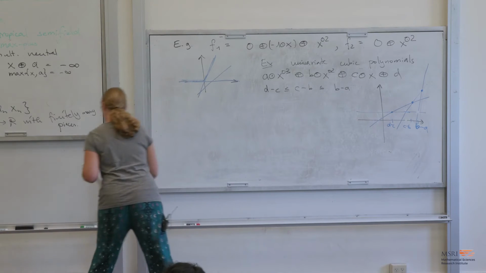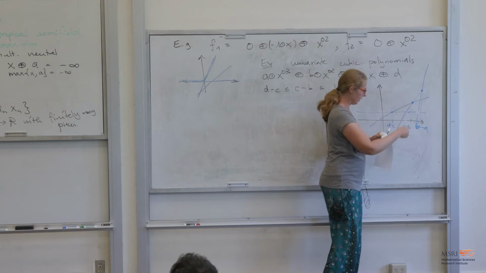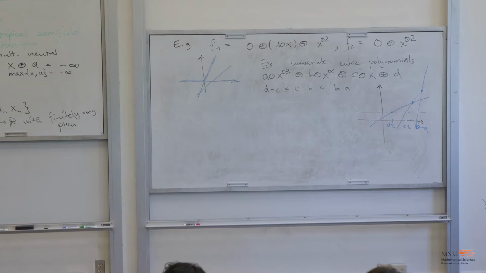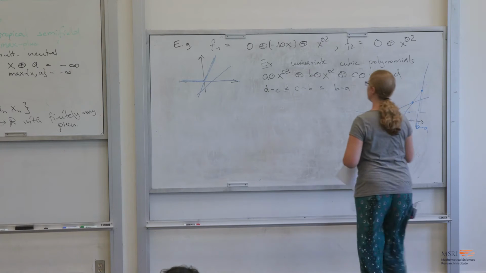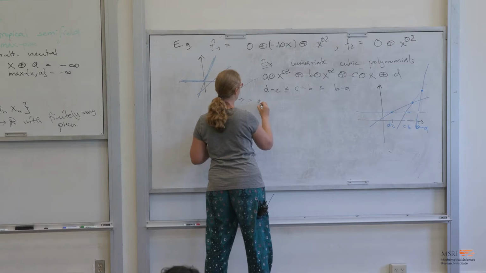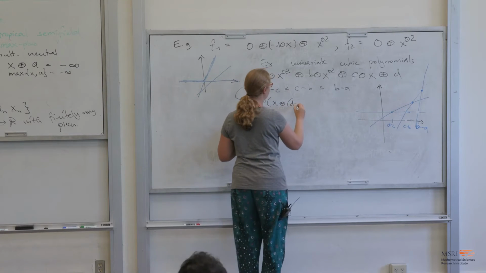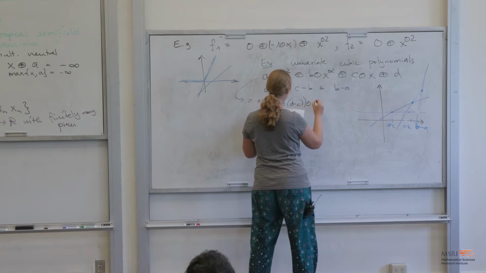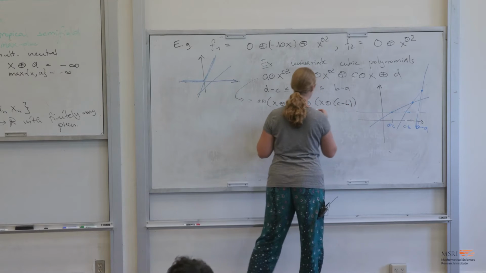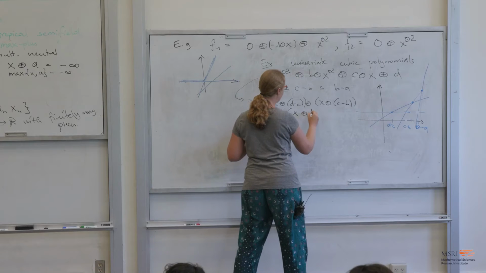Okay, so these corner loci, where the pieces come together, actually give you a factorization in linear terms. You can just compute that this polynomial equals a times (x plus d minus c) times (x plus c minus b) times (x plus b minus a).